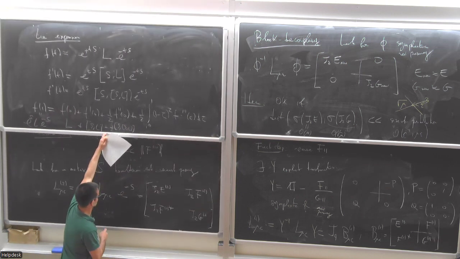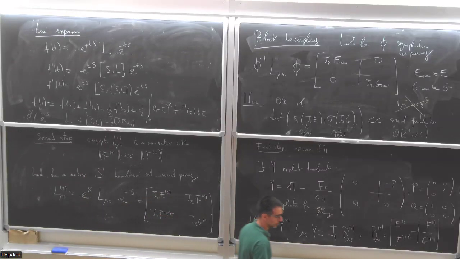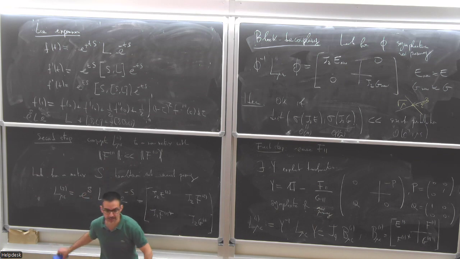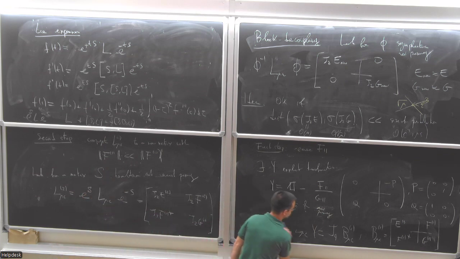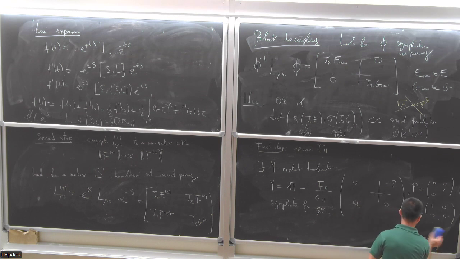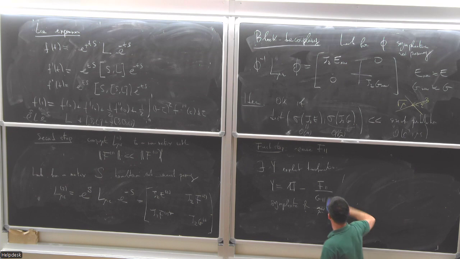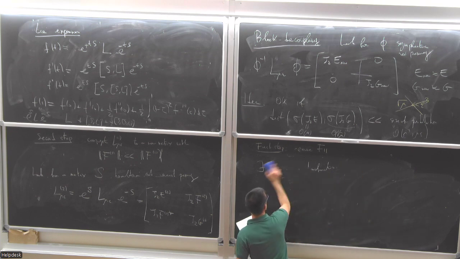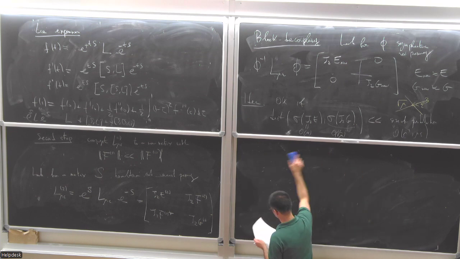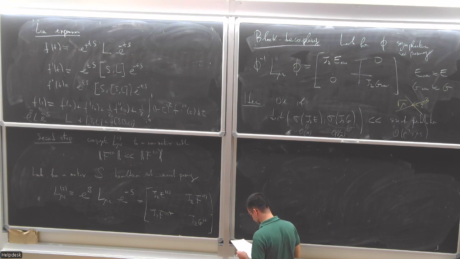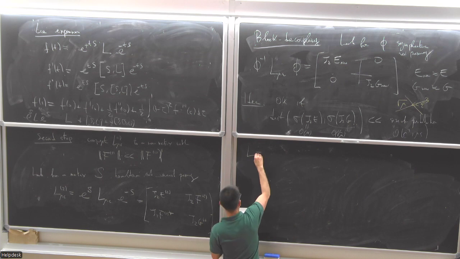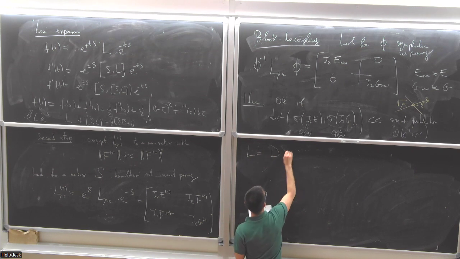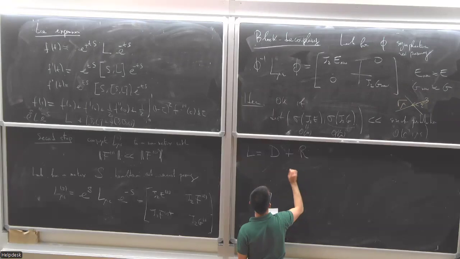So I have this matrix and I want to make an expansion in commutators, but separating the diagonal and the off-diagonal part. So I write L as a diagonal part plus an off-diagonal part.